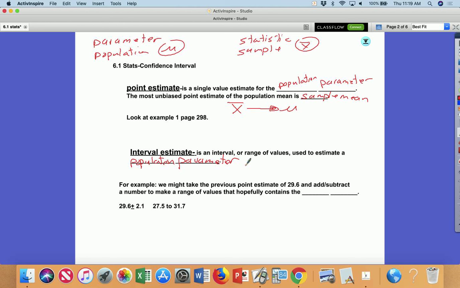For example, we might take that previous point estimate of 29.6 hours and add or subtract a number to make a range of values that hopefully contains the population mean.